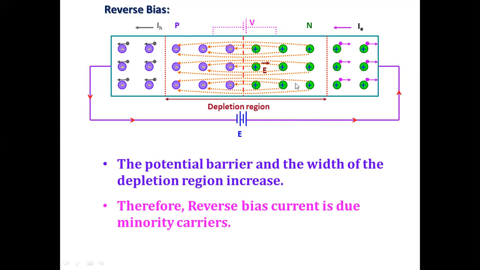So obviously it has high resistance, which will oppose the flow of current. So as we increase the voltage, only a small leakage current will be there, but after the breakdown voltage, suddenly the current will increase. Therefore, the reverse bias current is due to minority carriers. Is it clear?